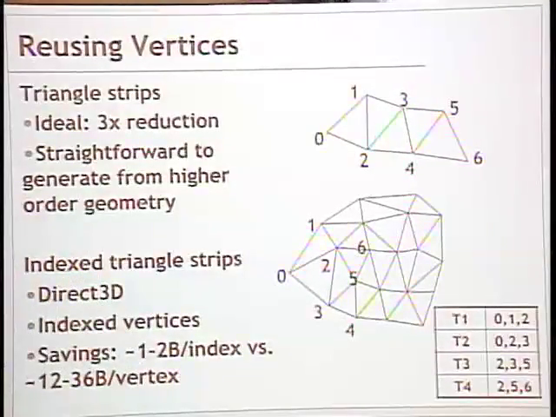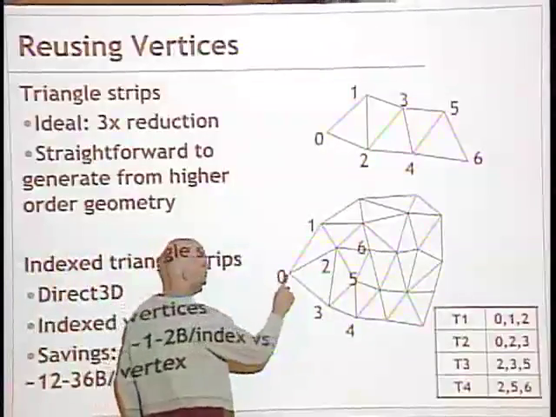We'd like to do even better, though. It turns out we'd like to get more use than that. So Direct3D has indexed triangle strips. I think OpenGL is something like this right now. The way it works is that you send in one big mass of vertices, and then you send in their connectivity information as a little tiny table. So you say, okay, triangle 1 is 0, 1, 2.